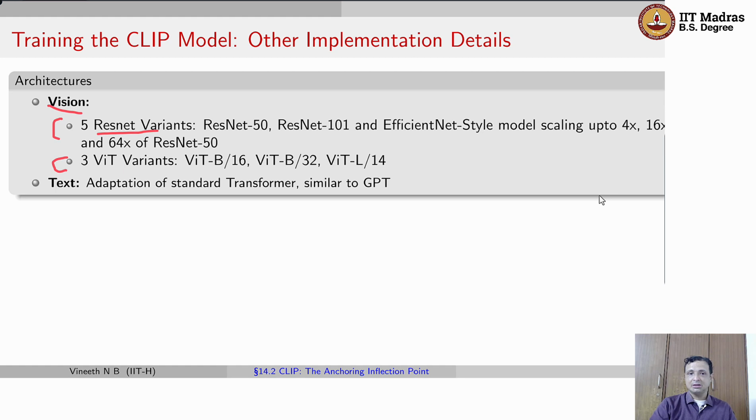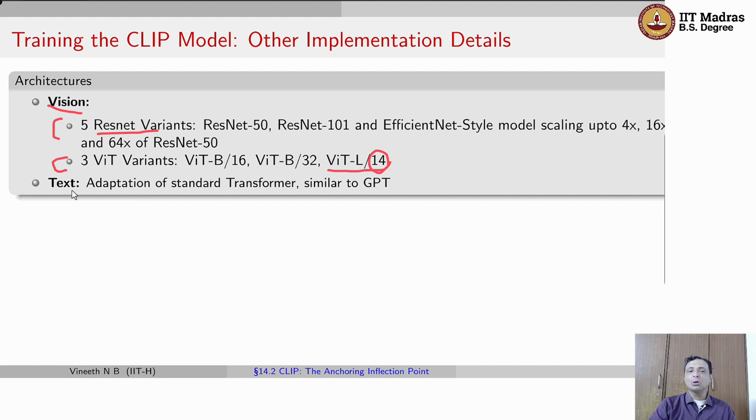With ViTs, they used the base model ViT-B16, they used ViT-B32 and they also used ViT-L14, which is the largest model. Recall that when your patch size becomes smaller, the model becomes bigger in ViTs.